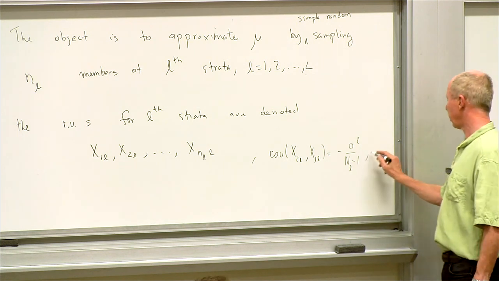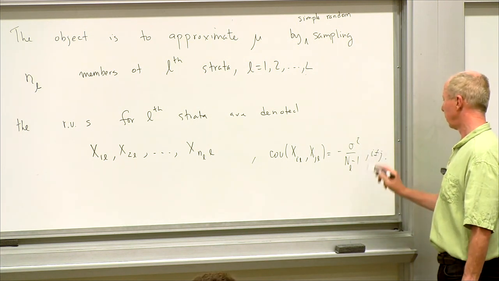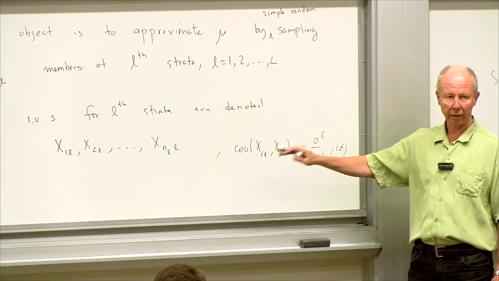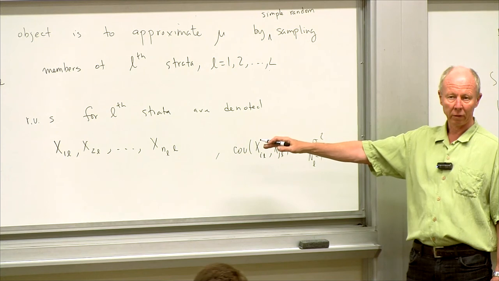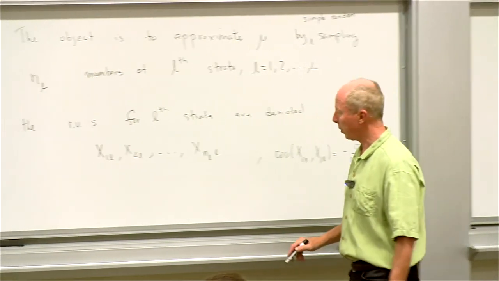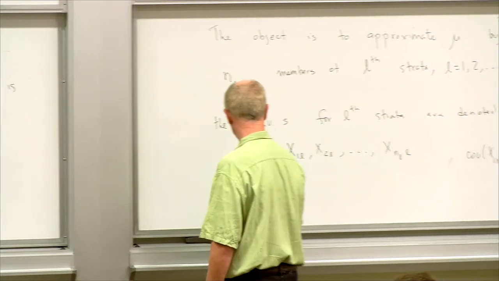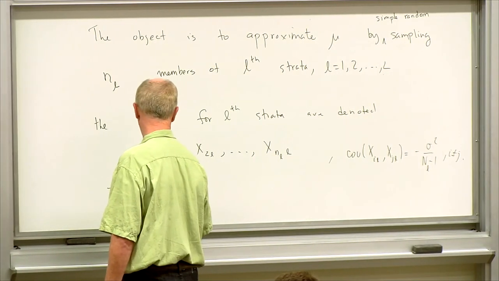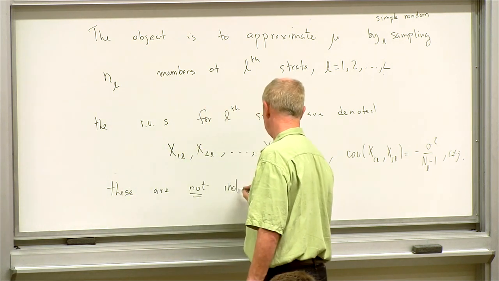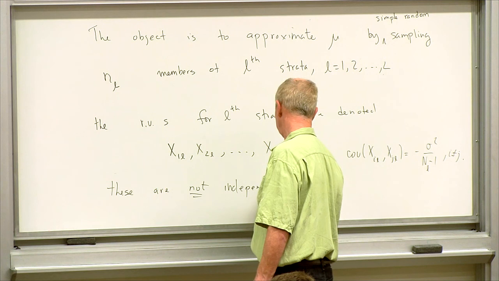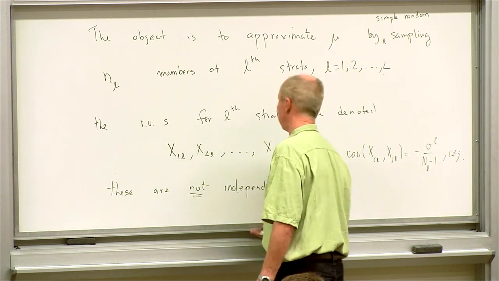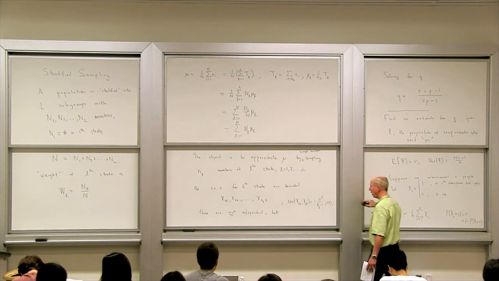If i is different from j. Okay, so these are not independent. They still have this. This is simple random sampling, but on a subclass of the whole sample. But if I compare for different L's, they will be independent.